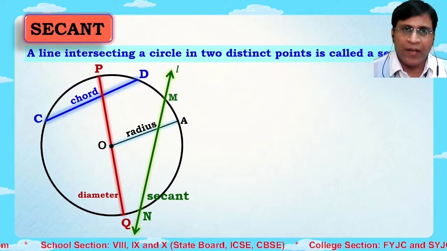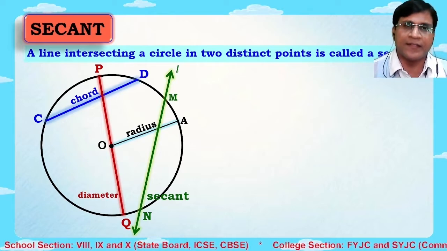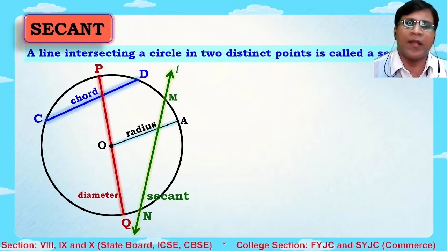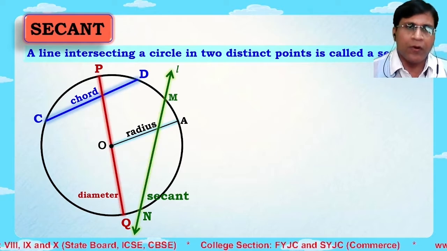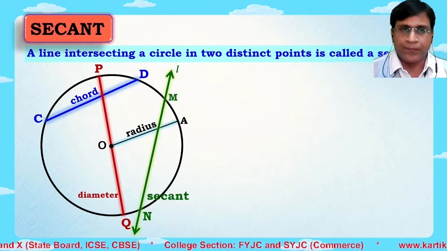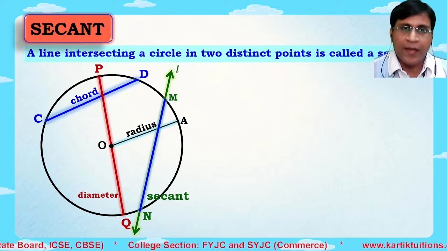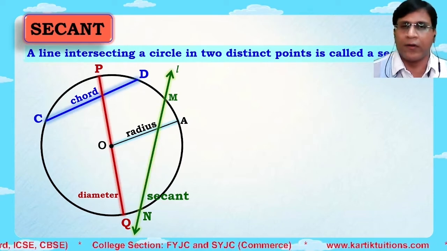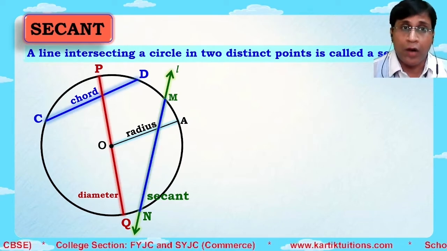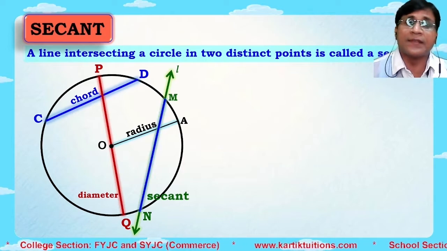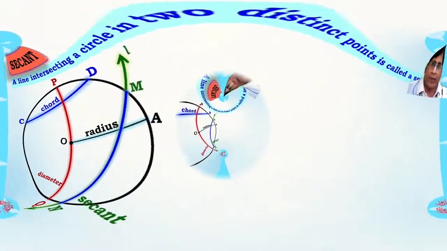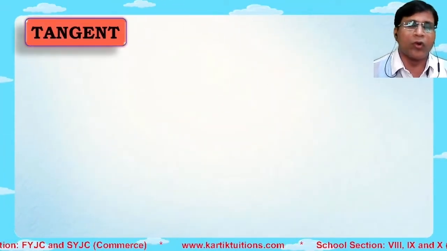Now here our line L is a secant which is intersecting the circle at 2 points M and N. Now here if you observe, MN is a chord. So basically every secant will have a chord. Every secant will have a chord. But every chord may not be a secant. Always remember that.